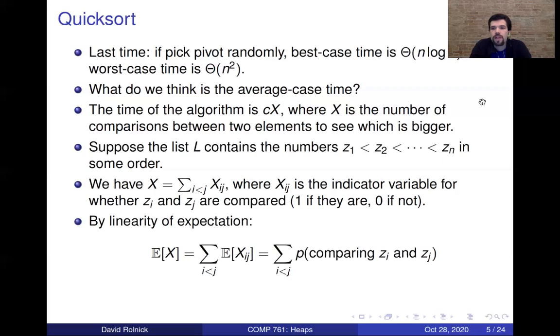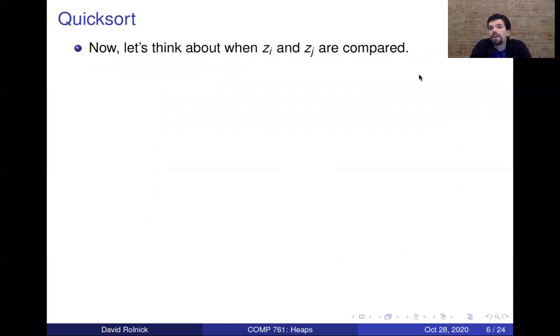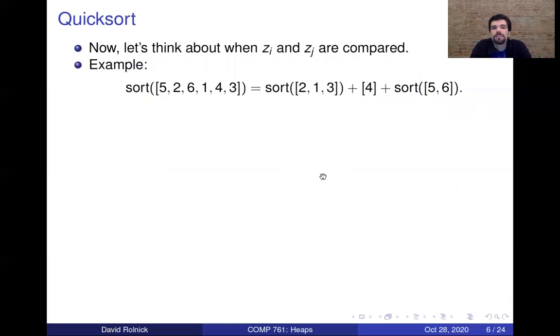Okay. So now we want to work out the probability that we are going to compare z_i and z_j at any point in the algorithm. So let's think about when z_i and z_j get compared. Here is an example.